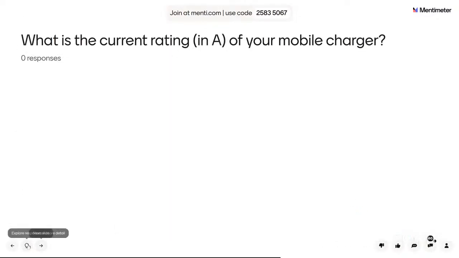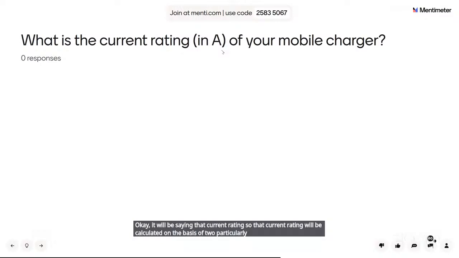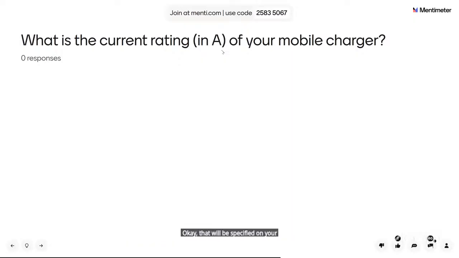Okay, the charging specification is available on the charger's adapter. It will show the current rating. That current rating is calculated on the basis of two parameters: one is the watt and the second is the volt. That will be specified on your charger adapter.